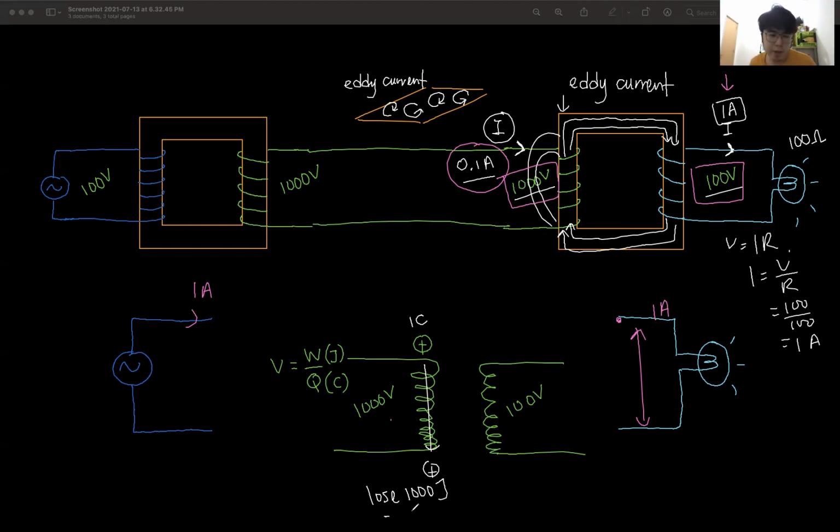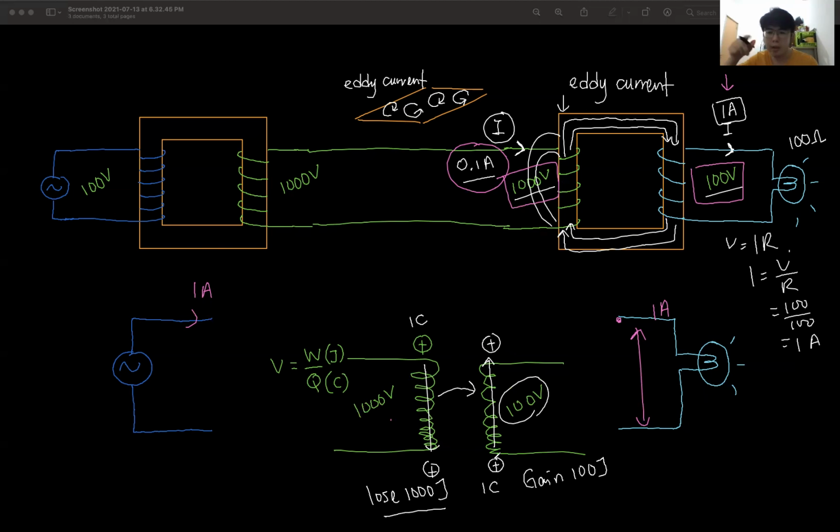Where does the energy go? The energy goes to the secondary coil, right? So if you take 1 coulomb of charge and it flows past this coil, how much is this coulomb of charge going to gain? 100 volt, right? So it is going to gain only 100 joule. This 1 coulomb of charge is giving 1000 joule, but this one only collects 100 joule.